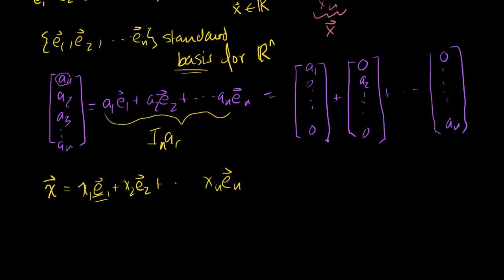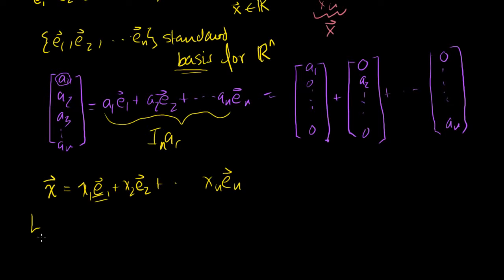Now, a linear transformation of our vector x is the same thing as taking the linear transformation of this whole thing. Instead of using L, let me use T, because that's the notation we're used to.